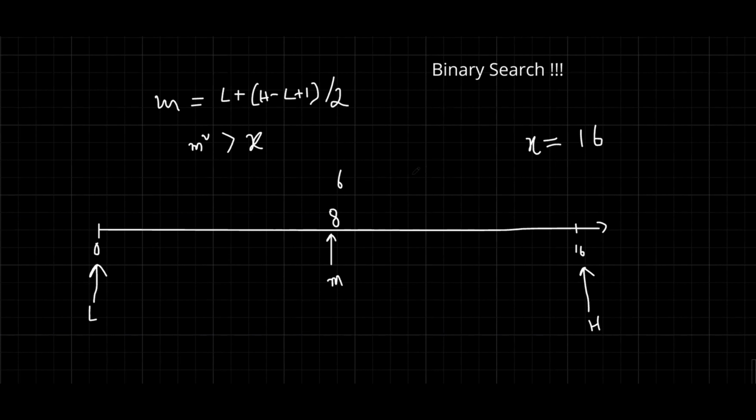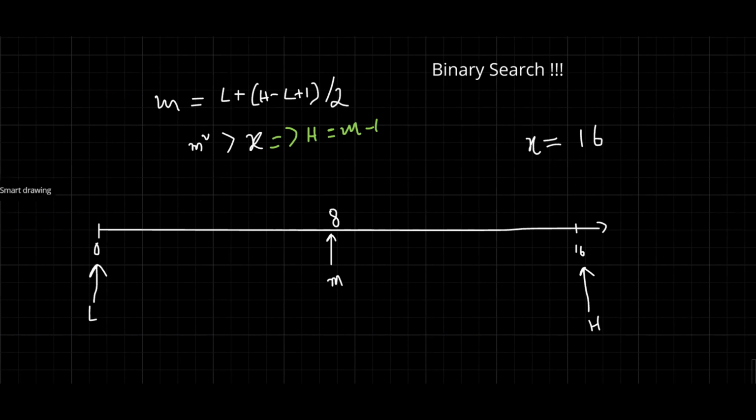In this kind of case, we have to search the square root value in the first half. So we have to shift our high pointer to mid minus 1. So it is one case.